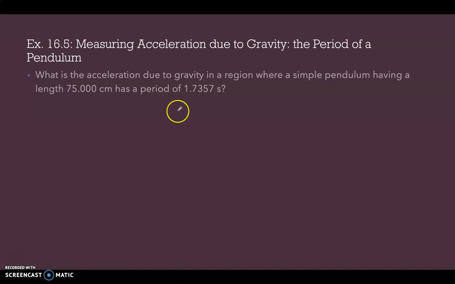So this is example 16.5. It says, what is the acceleration due to gravity in a region where a simple pendulum having a length L of 75 centimeters has a period T of 1.7357 seconds? So we're looking at the acceleration due to gravity, g.